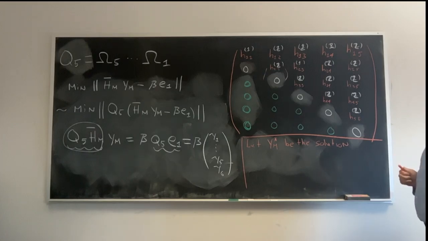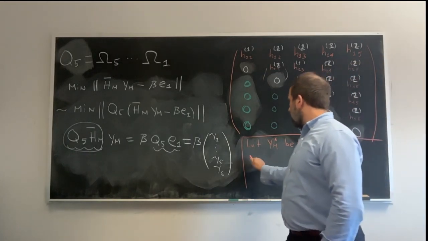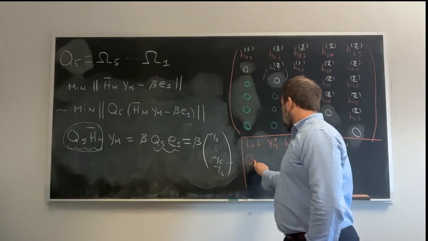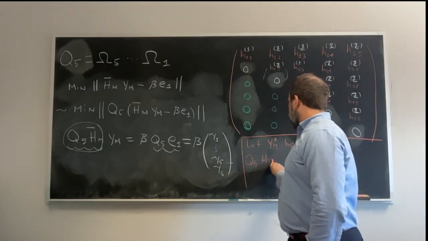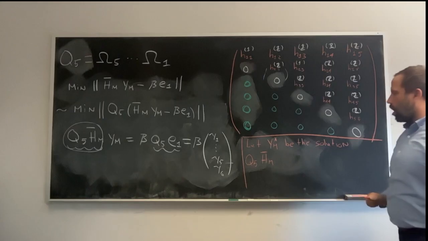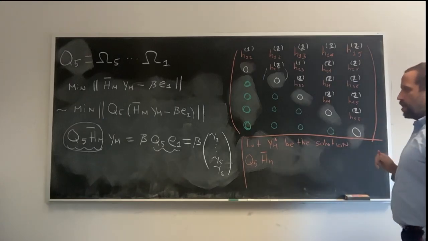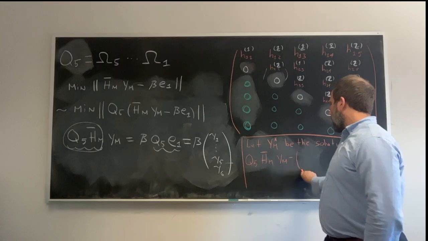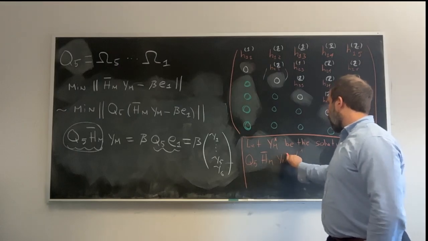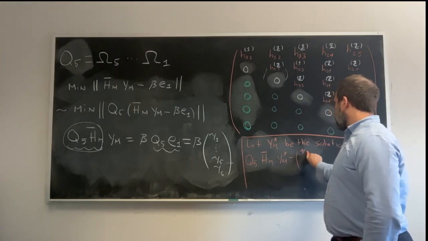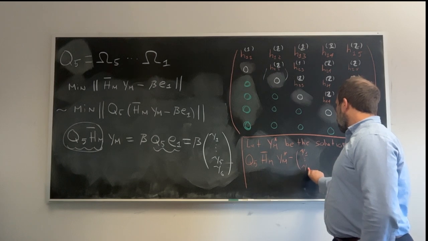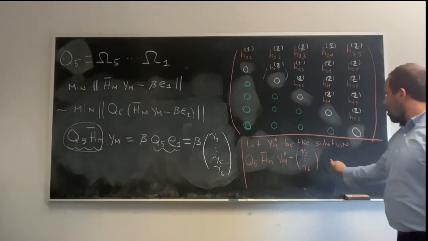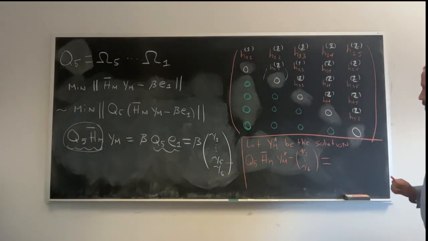Notice what's going to happen if you do Q5. Now, if I go back to Q5 HM bar, where I'm including the bottom row here, and I do times ym, and I subtract off ym star, and I subtract off gamma 1 all the way down to gamma 6, notice what's going to happen here.